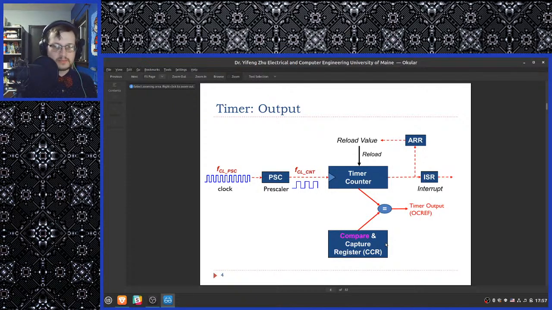So essentially, every time the counter increments, it compares itself to the value in CCR, and if the two are equal, it outputs a rising edge, which can be picked up elsewhere and interpreted as an interrupt.